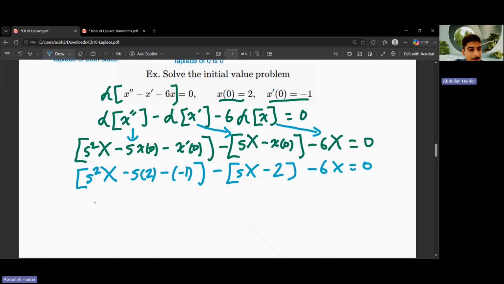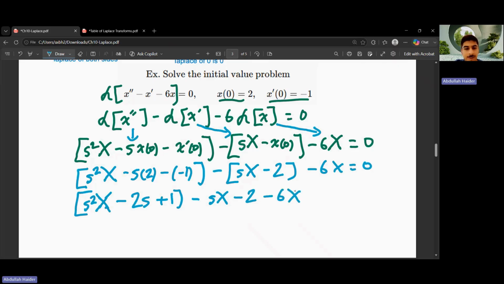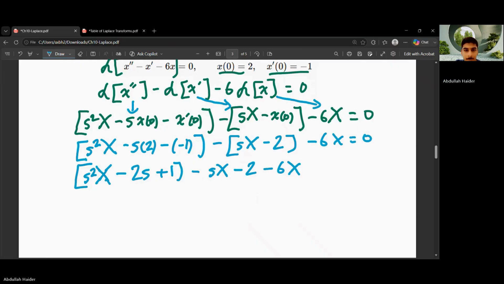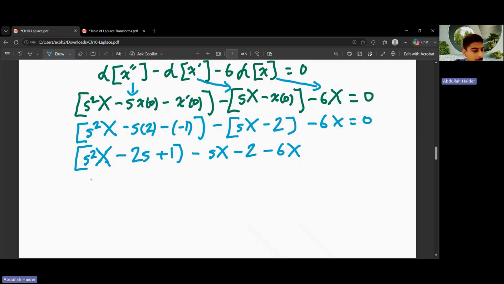Now simplify this: s squared big X. You need to know the distinction between the big X and small x. So minus 2s plus 1, minus s big X minus 2 minus 6 big X, and try to simplify this further.